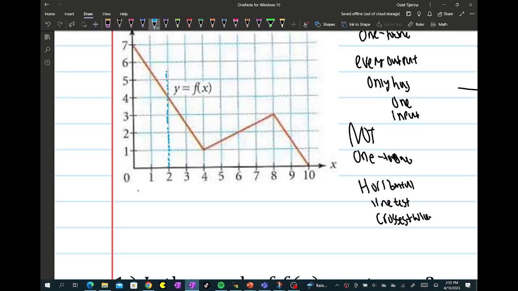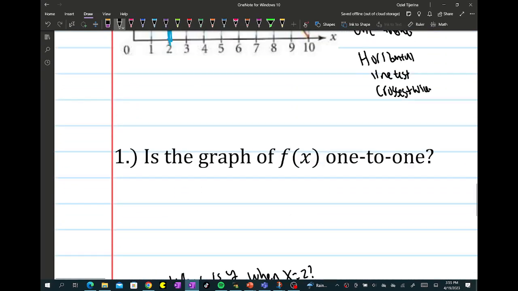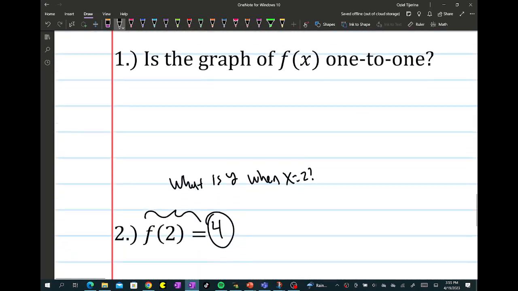We intersect the graph right here at this point, and that intersects at y equals 4. So f of 2 is 4, because when x equals 2, y equals 4.